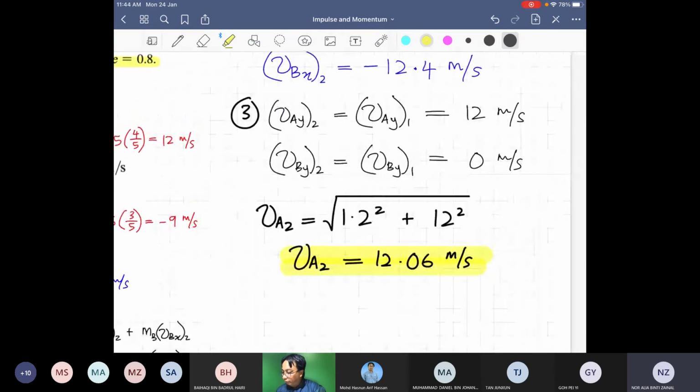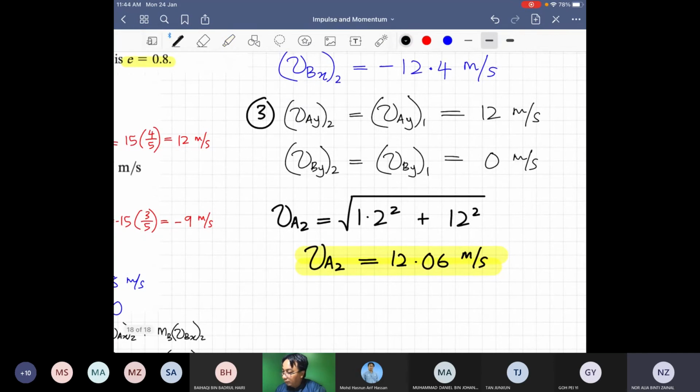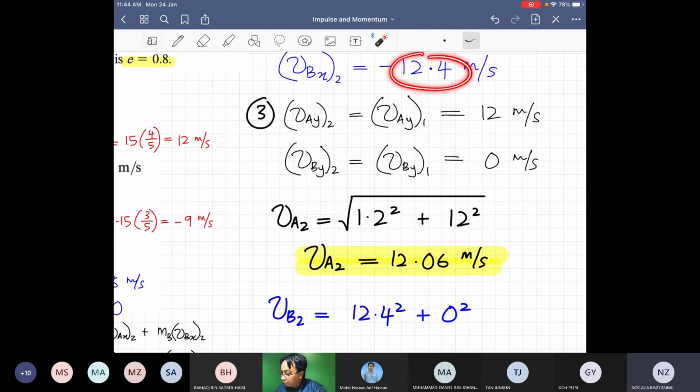Now kita nak cari VB2. Okay, VB2 is 12.4 square plus 0 square. Okay, yang inilah 12.4 datang sini, 0 ini datang ke sini. Kita ambil semua yang B, BY, BX.